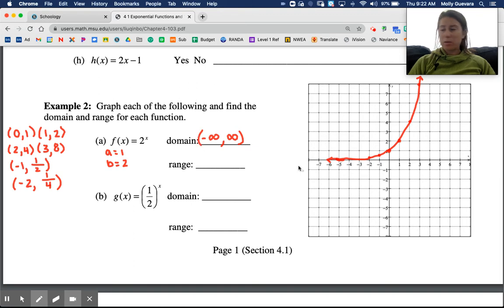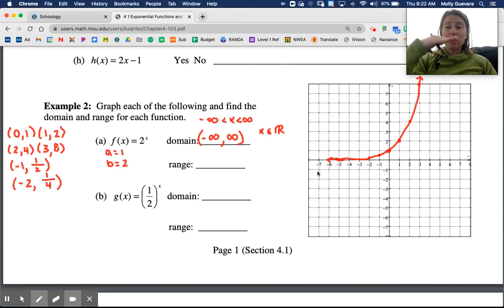And we always use parentheses at infinity. So you can write it like that, or you can write it like this, or you can say x is in the set of all real numbers. All three of those options work. Just pick one. You don't have to write down all three. Just pick the one that you like, or pick the one that you've been using.